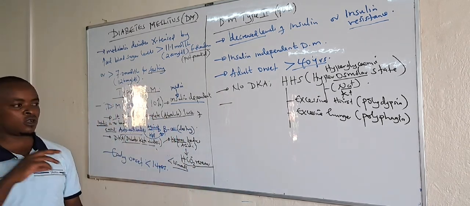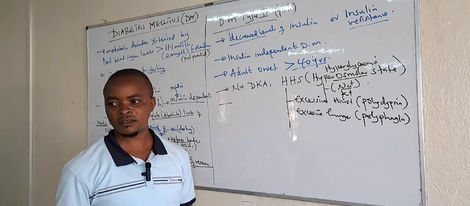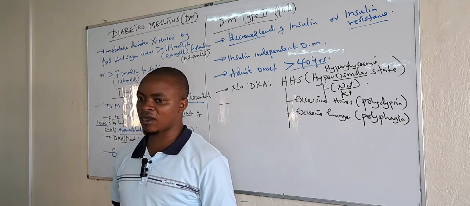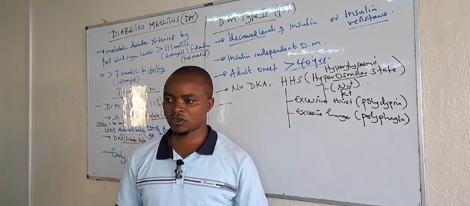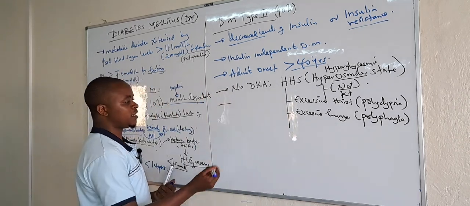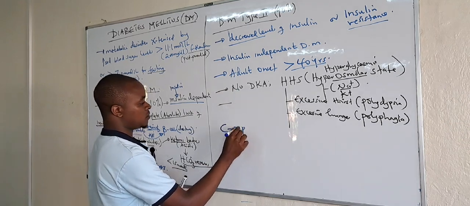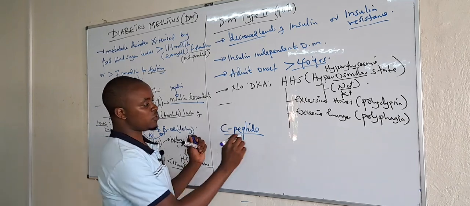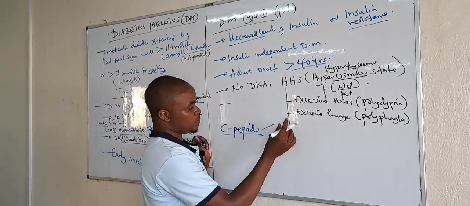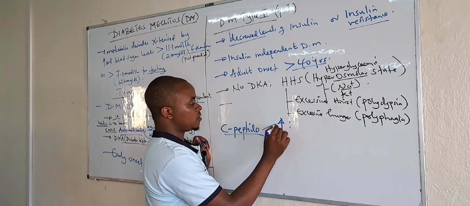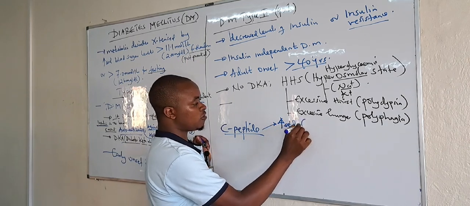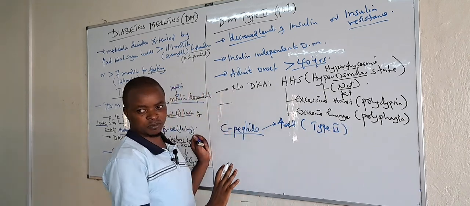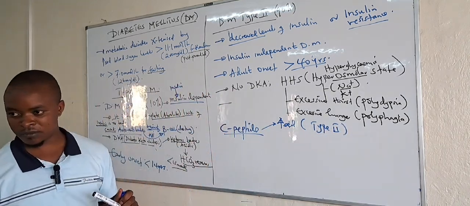And I told you that when we are looking at insulin sensitivity, we can use the C-peptide assay to distinguish between type 1 and type 2. C-peptide is always present in the same amount as insulin. When we do it and we find the C-peptide is high, this confirms type 2, meaning insulin is present, but the body cells are not responding.